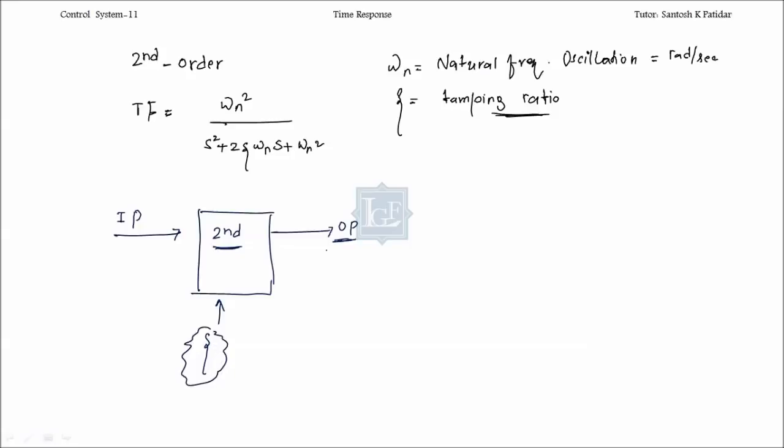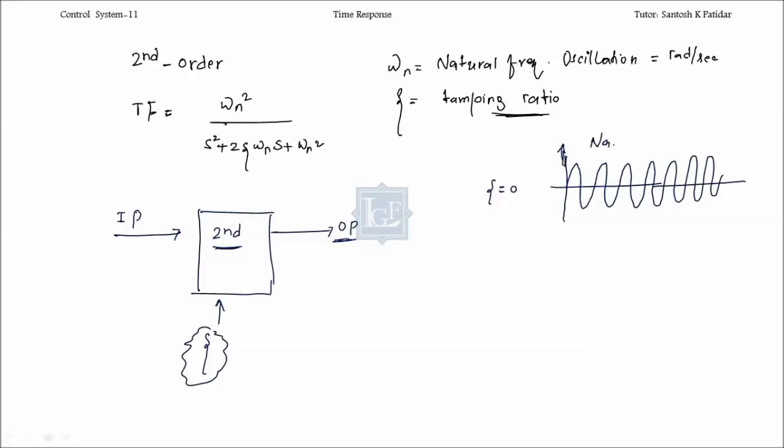So the same thing is here also in the second order. This zeta is controlling the output. Correct? We have seen for the different values of the zeta, for the second order system I'm talking about, if you are applying any input, at the output you will get oscillations. If your zeta is 0, you are getting continuous oscillation or natural oscillation or sustained oscillation at the output stage.